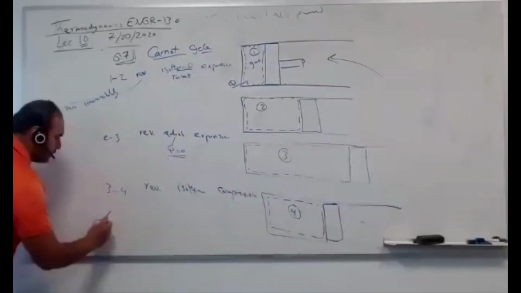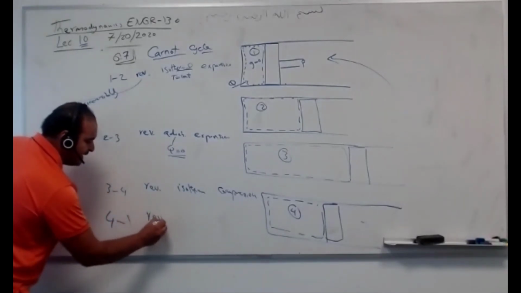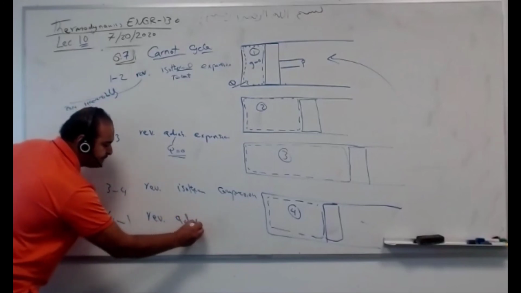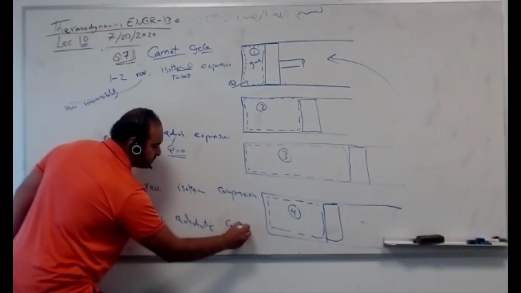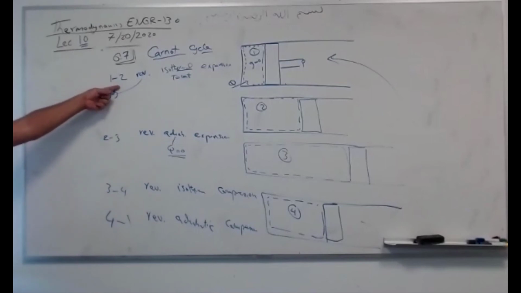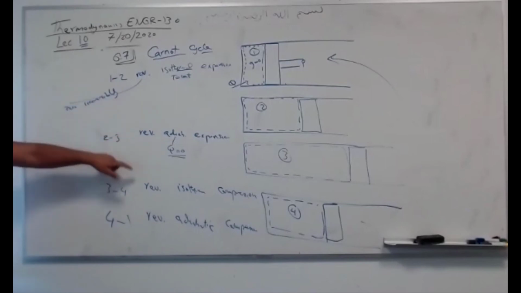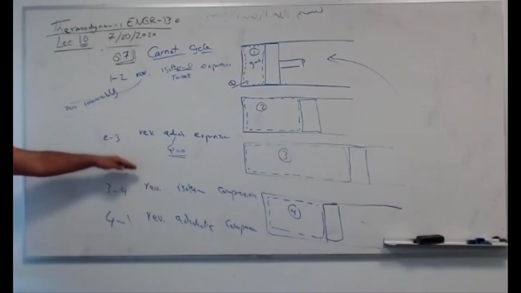We're gonna mix 4 to 1, which is reversible, adiabatic compression. 2 expansions, 2 compressions. Reversible isothermal, reversible adiabatic. Reversible isothermal, reversible adiabatic. You see, 2 expansions, 2 compressions.